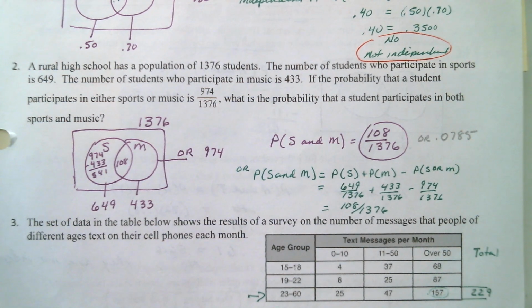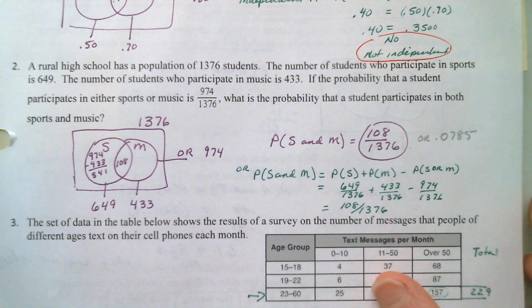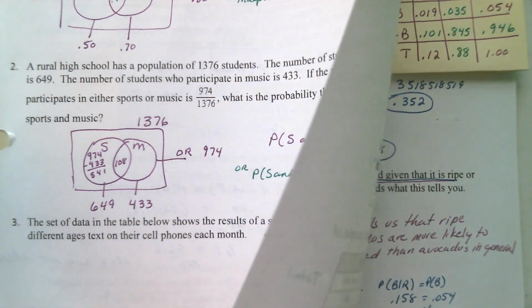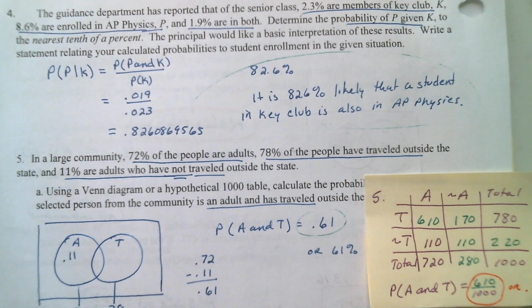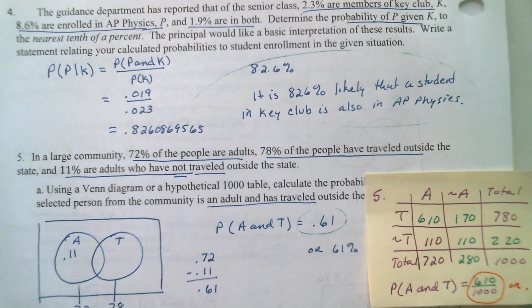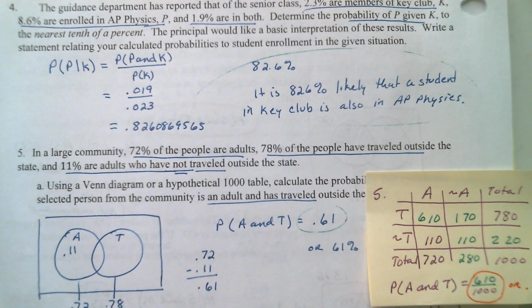Number 3 is choice 1. Number 4, the probability of P given K is 82.6%. It is 82.6% likely that a student in Key Club is also in AP Physics.